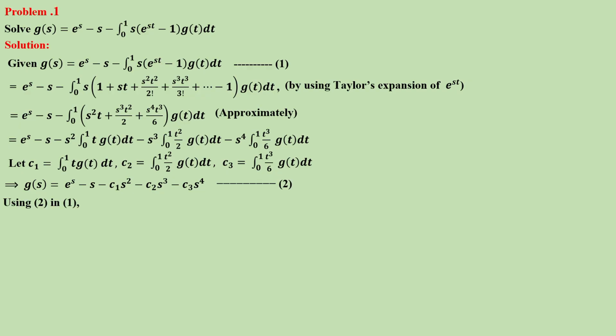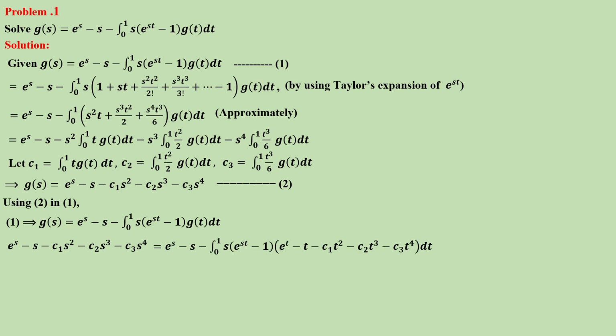Using 2 in 1. So we are going to use g of s value in the equation number 1, right? So left hand side becomes e power s minus s minus c1 s square minus c2 s cube minus c3 s power 4, which is equal to e power s minus s minus integral 0 to 1 (e power st minus 1) into e power t minus t, right?